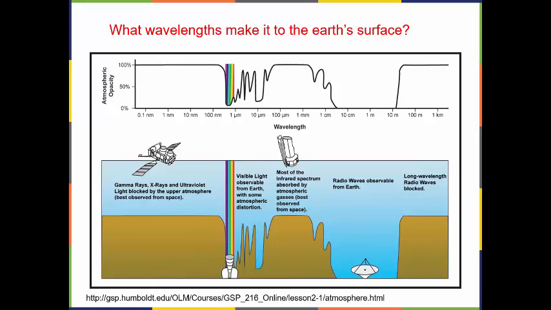Here we see that gamma rays and X-rays don't make it to the Earth's surface. The Earth's atmosphere is opaque to them. Visible light makes it to the surface, and that's how we can see each other. Infrared light, or heat, most of it is absorbed by the atmosphere.